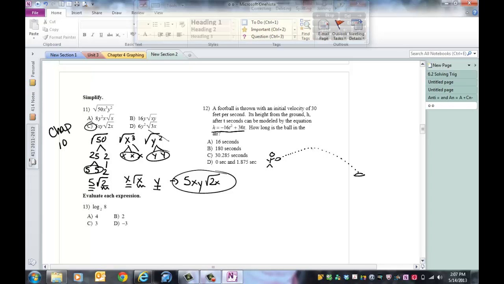Okay, so what you have here is the football goes up, it reaches the vertex of this parabola type shape. So if you wanted to look at this in a coordinate system, this is where the football starts. It's not on the ground when it's in someone's hands, but we're going to pretend.